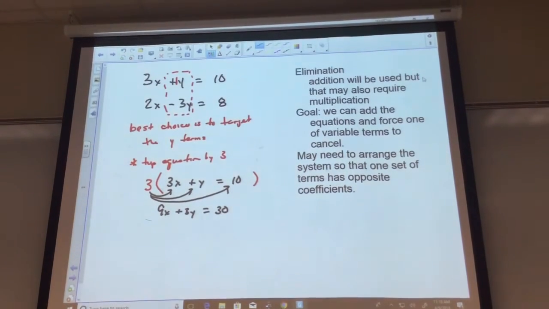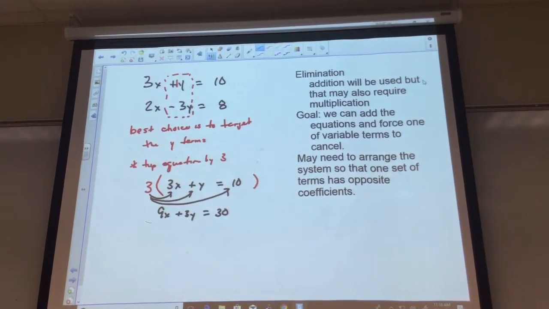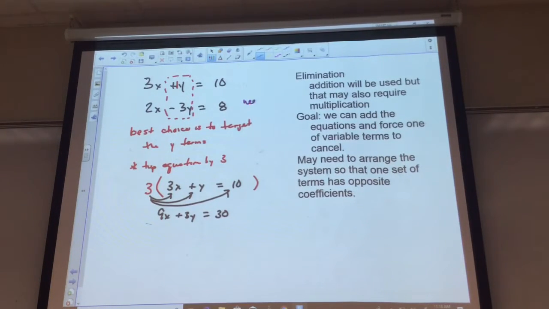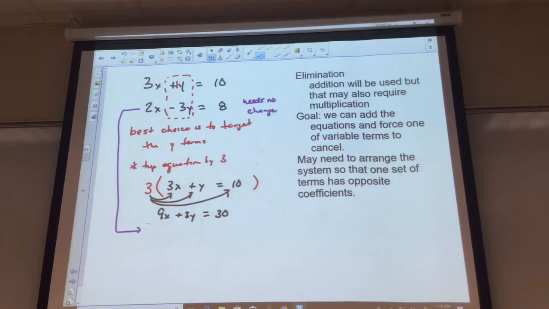You're enlarging everything in that top equation by a factor of 3. Bottom equation needs no change if we target the y variables for elimination. So it can come down strictly as it was written, 2x minus 3y equals 8.